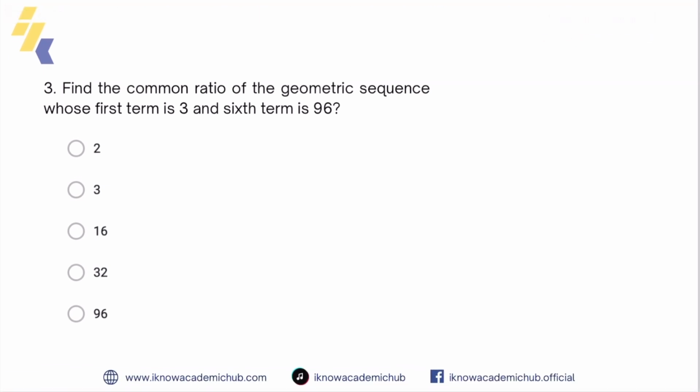Next number, we have: find the common ratio of the geometric sequence whose first term is 3 and sixth term is 96. So, ngayon naman, we have geometric sequence. And what we have to remember here is that geometric sequence has common ratio. And the formula to get the nth term is a sub n equals a sub 1 times r raised to n minus 1.